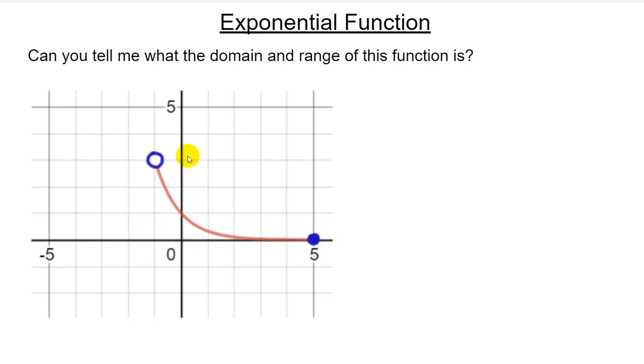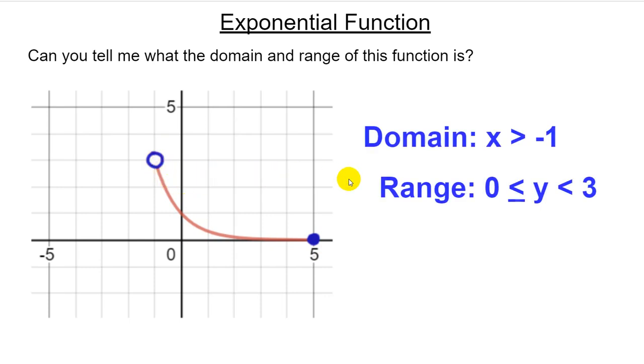The range is just going to be from here to here. So the range is going to go from 0 less than or equal to y and less than 3. Okay? There we go. So that's what that looks like. So that's your exponential function.